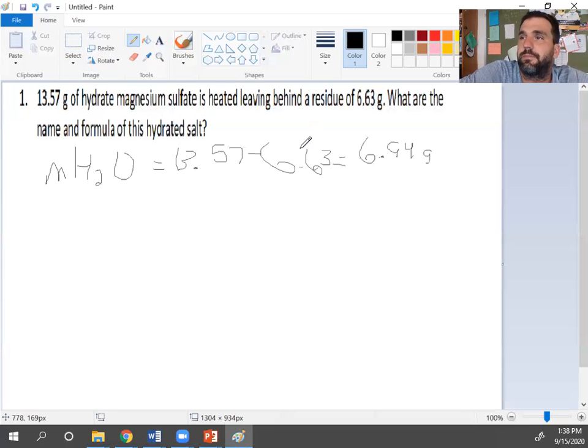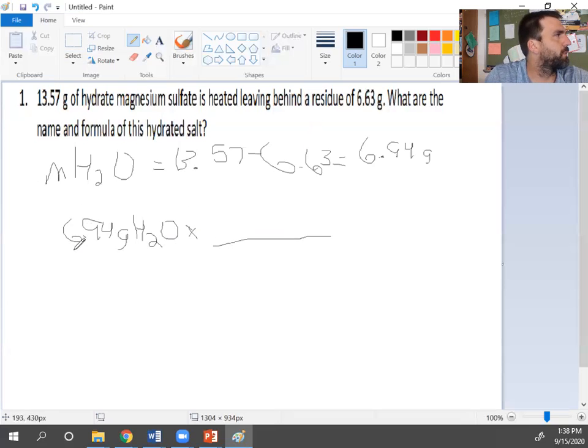My next step means I need to do what? Convert it to moles. So 6.94 grams H2O times, over 1, yes ma'am. 1 mole H2O goes on the top, and the grams H2O, the molar mass is 18.0.